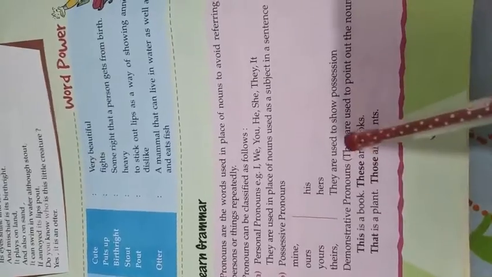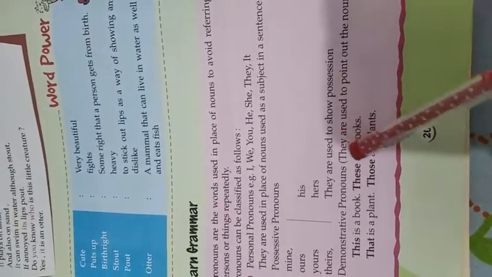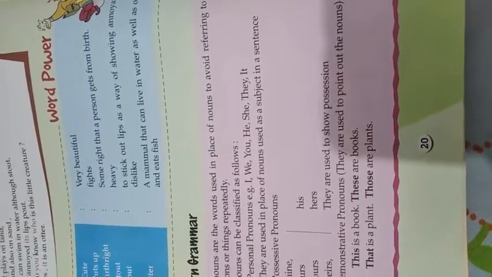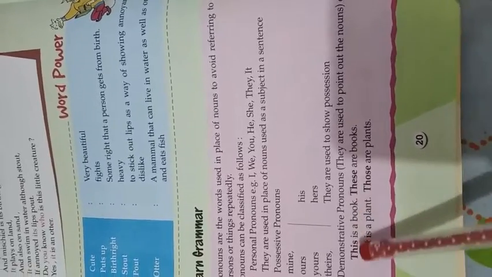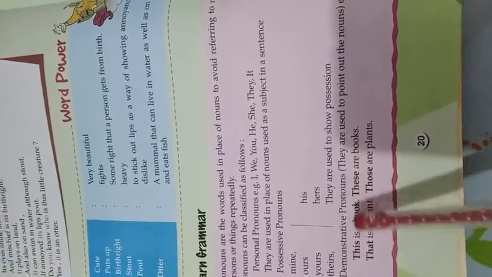So I'll make you explain what demonstrative pronouns are. Demonstrative pronouns are used to point out or show the object to which they refer. It means book is an object, and this word points out or shows the book.